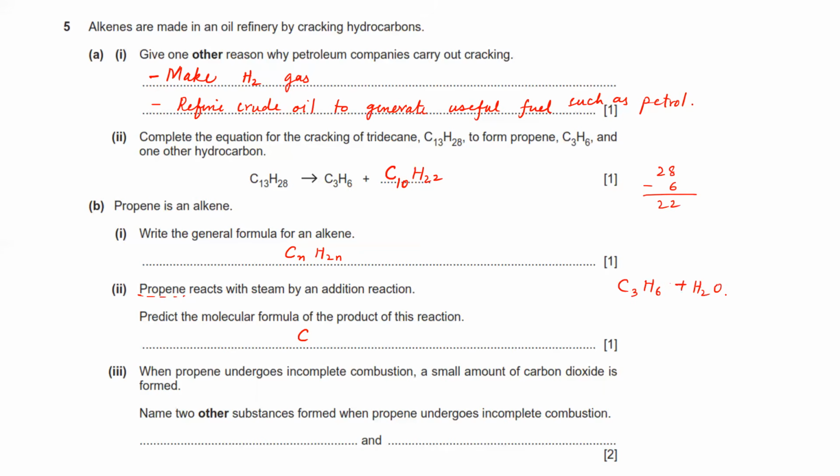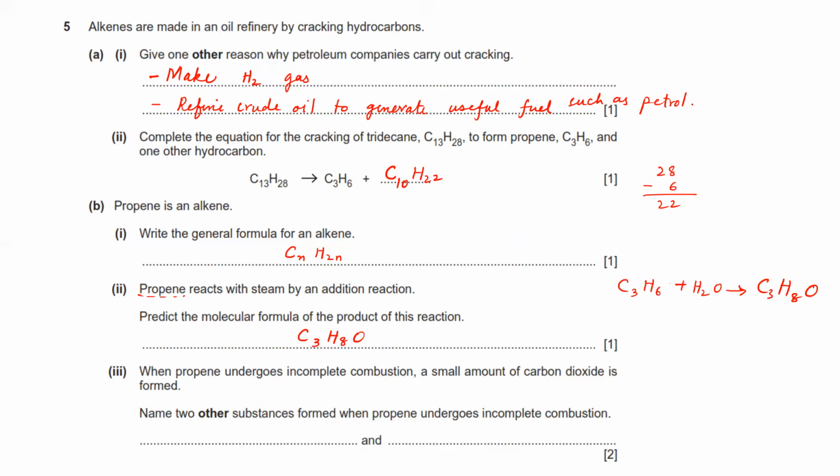So H2O also adds oxygen primarily to it, and also hydrogen to it as well. C3H8 and O, something like this. So C3H8O will be the best choice for that.